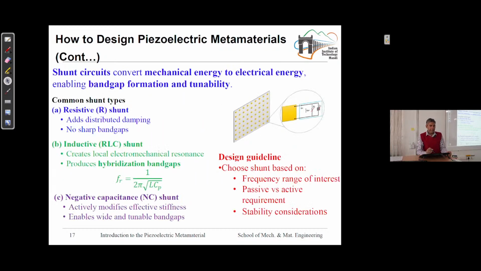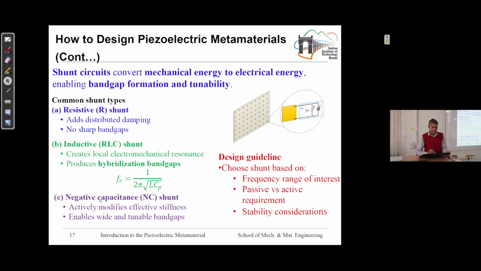Then the designing of shunt. So we have RLC, right? Sometimes we have only resistance. We do not have L, right? In this case, there are no sharp band gaps. It is just used to damp the vibrations. Inductive RLC, we have very well-known equations.